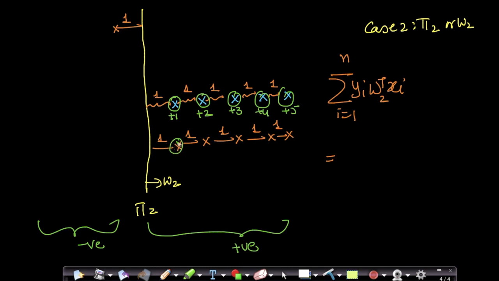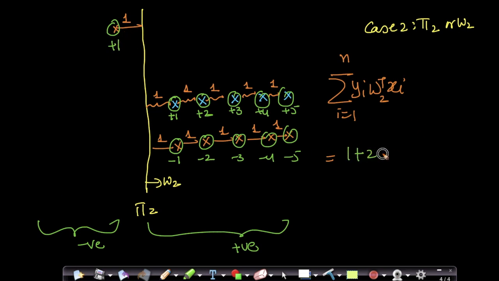What about these? This is a negative point that is on the positive side, at a distance of minus 1, which means its signed distance will be minus 1. Similarly, the signed distances are minus 2, minus 3, minus 4, and minus 5. What about this point? This is a negative point on the negative side, so its signed distance will be plus 1 because it's at a distance of 1. Now let's sum up all of them.